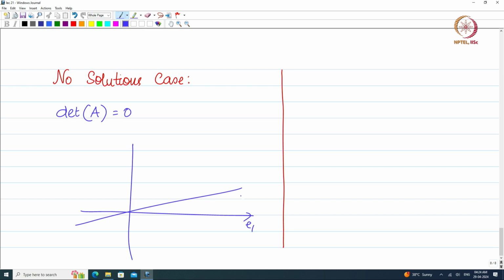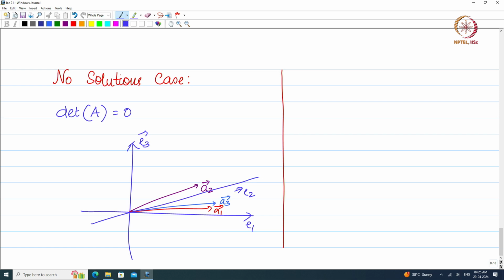I have my E1 axis, E2 and then E3 axis, and this is the A1 vector and that is the A2 vector, and let us say this is the A3 vector and let us take this to be the B vector. Sorry, if this happens, then you have infinitely many solutions.